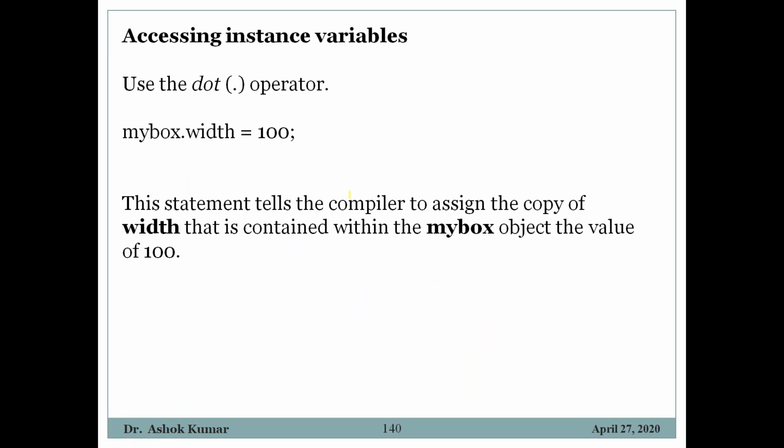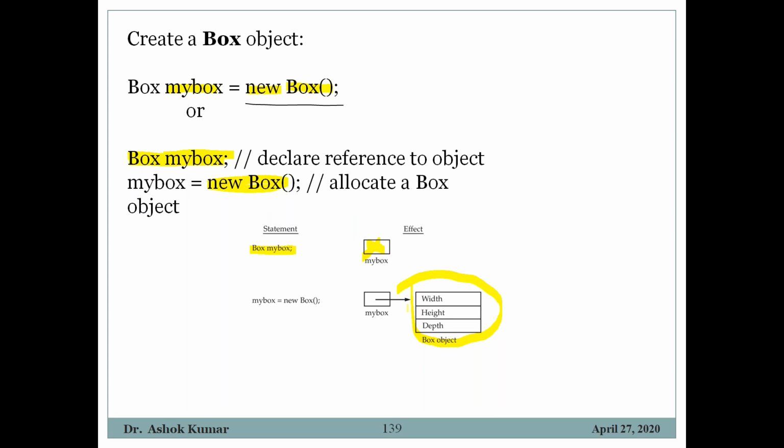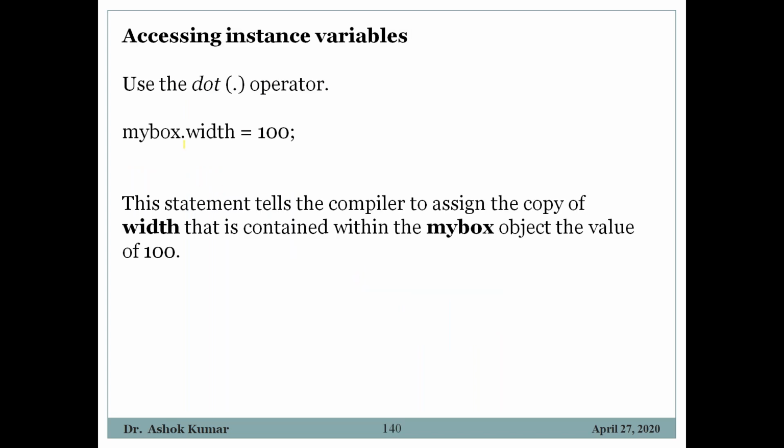Then in the previous slide, we discussed that this mybox has three instance variables: width, height, and depth. If you want to access any member or assign a value to any member of this box, then you can use this dot operator notation.